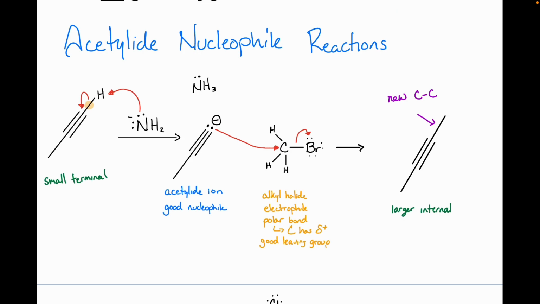Okay, so just to kind of summarize these reagents all into one step here, we have again, what we call a terminal alkyne. And we first treat it with our amide ion.